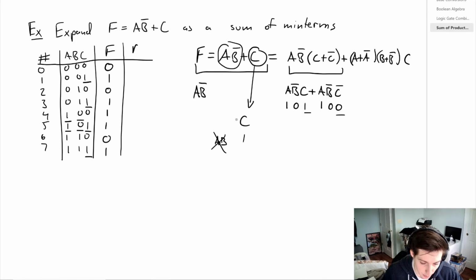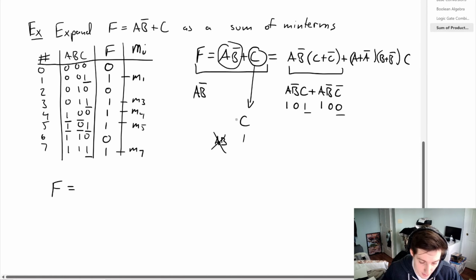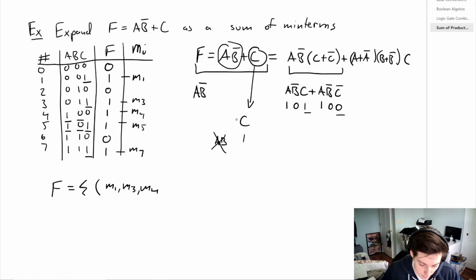And from here, if we write our minterms, we can see that we have m1, m3, m4, m5, and m7. That's when we have a 1. So what we can say is that the function is equal to the sum of minterms, which is equal to m1, m3, m4, m5, and m7.